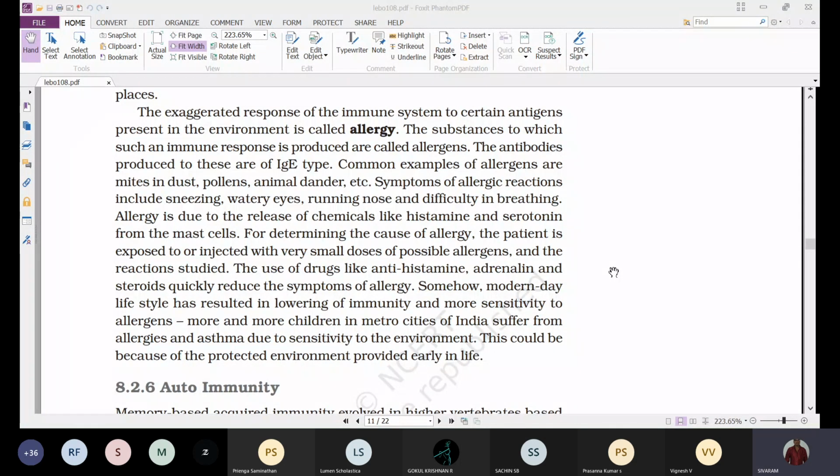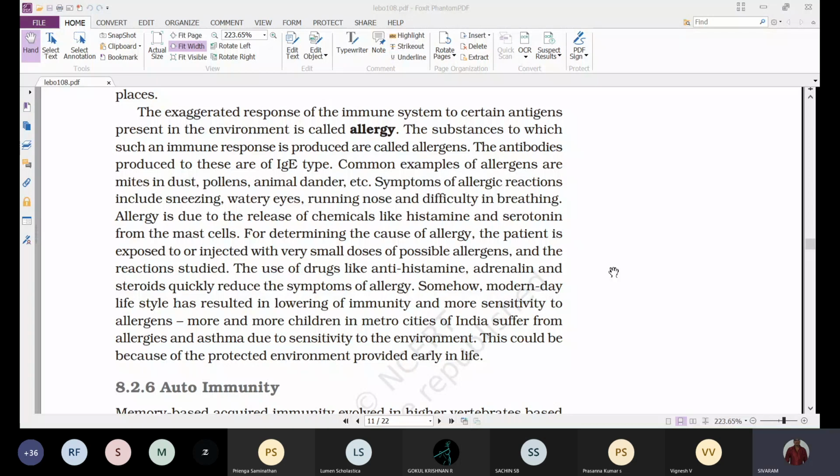This exaggerated response of the immune system to certain antigens present in the environment, we call allergy. The substances to which such an immune response is produced are called allergens. Whatever the substance to which this exaggerated response by the immune system is shown, that substance we call an allergen.